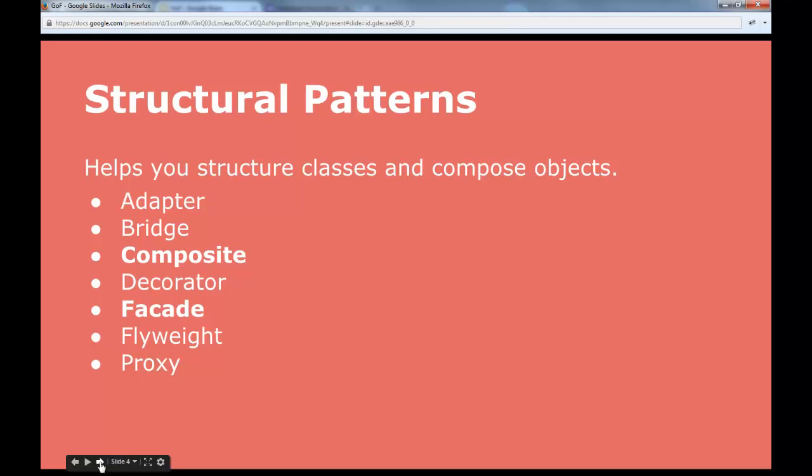We also have patterns for structure, how to structure objects, how to build more advanced hierarchies of objects in different ways. And we will be talking about the composite pattern and the facade pattern in this course.